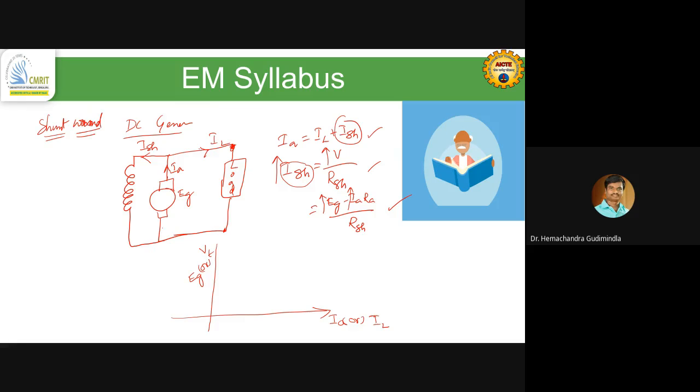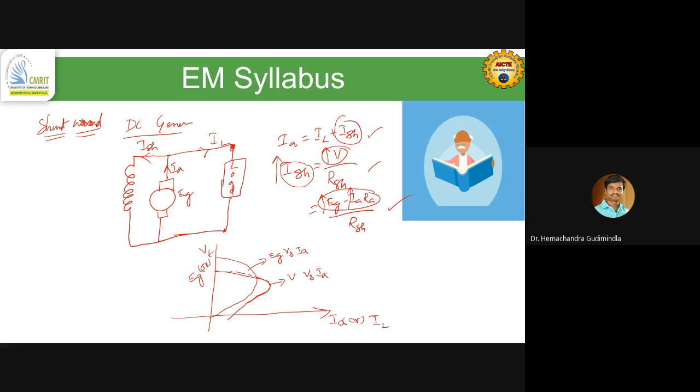So the graph looks somewhat like this. This is EG versus IA, the internal characteristics. Similarly, V is nothing but EG minus IR, and here we will get the external characteristics, V versus IA. So these are the three different types of DC generator characteristics.